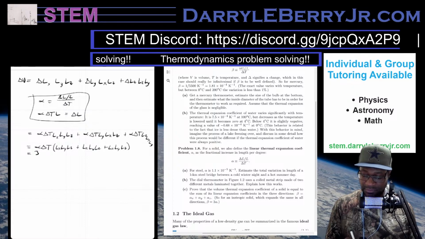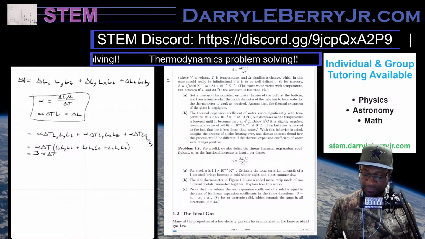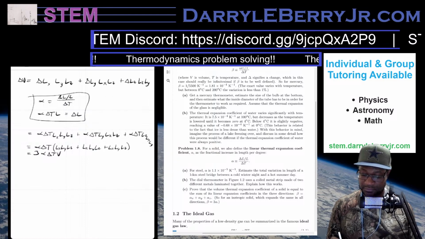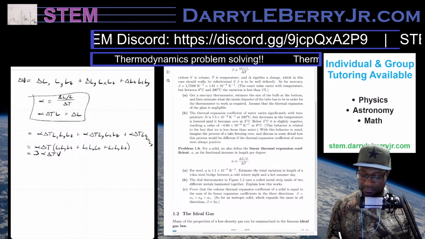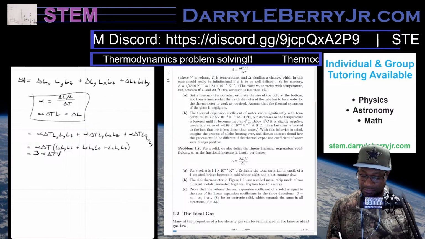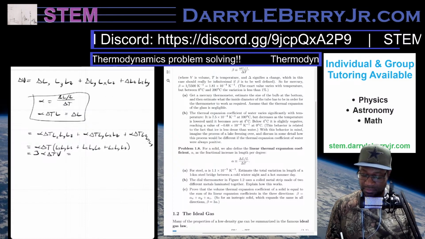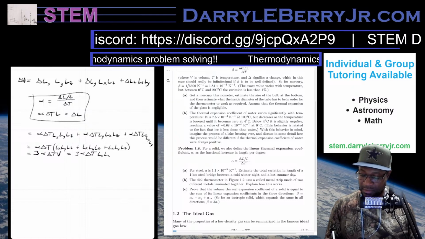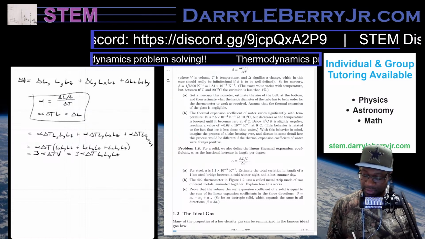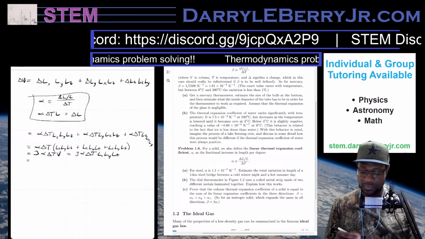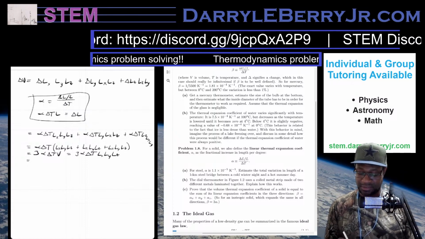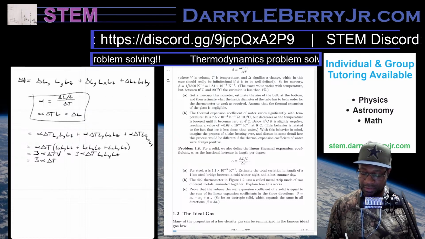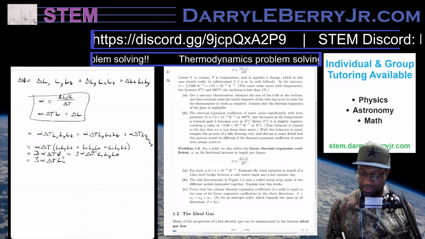So that equals 3 alpha change in T. Volume is 3 alpha change in T Lx Ly Lz. And assuming they're expanding the same in every direction, that's 3 alpha change in T L cubed.